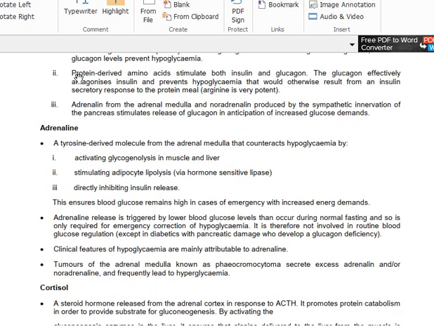Now, the next is adrenaline. Sorry, I just made an error with the first explanation. Satiety is going to occur more when you eat protein-derived food. Is it clear? When you eat protein-derived food, you have both insulin and glucagon produced. Imagine that you eat only carbohydrate-derived food.